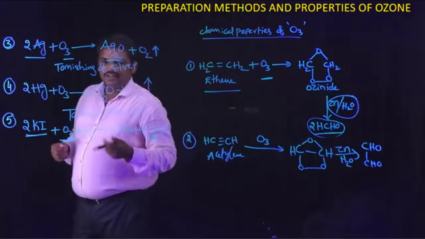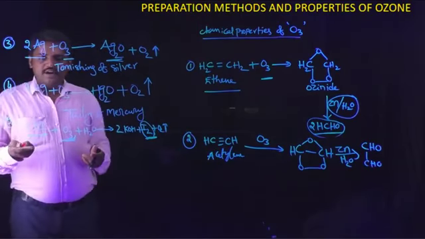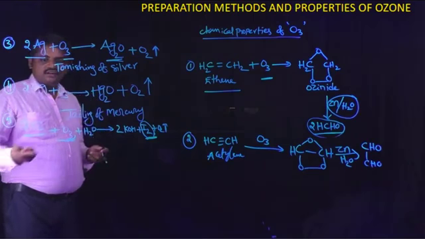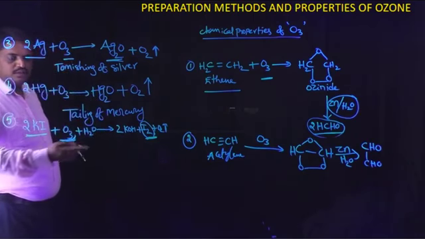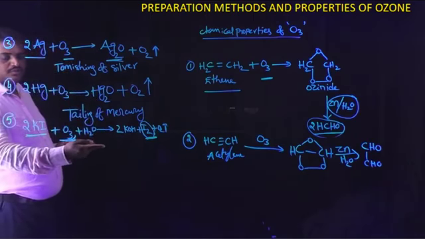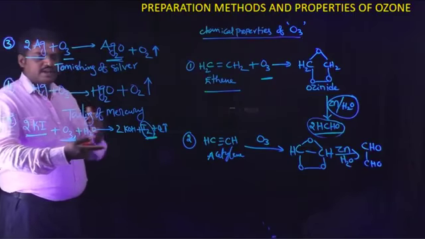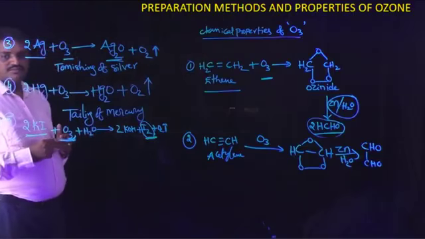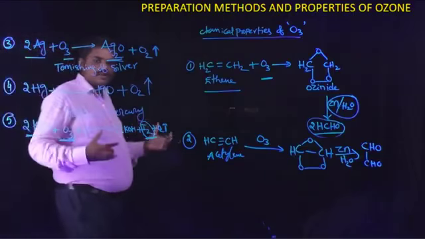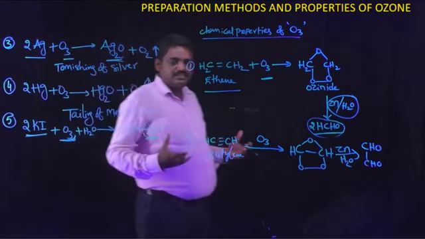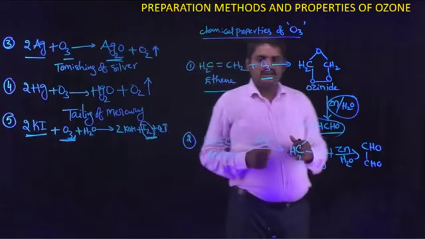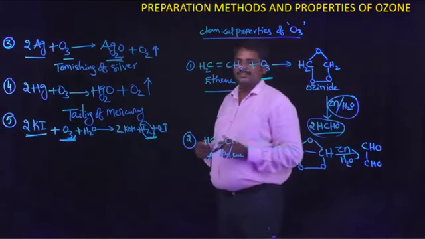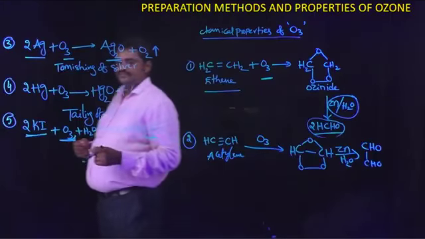Once again, in this reaction, potassium iodide reacts with ozone molecule in the presence of moisture. The total potassium iodide is converted to free iodine molecules. The free iodine molecules exhibit violet color.